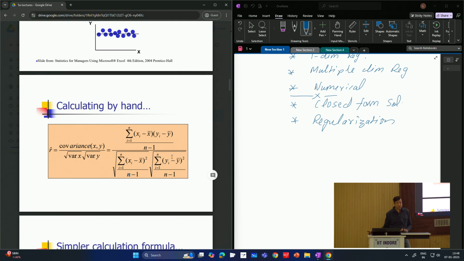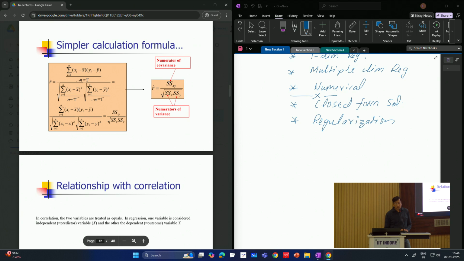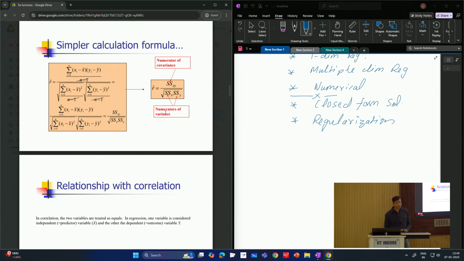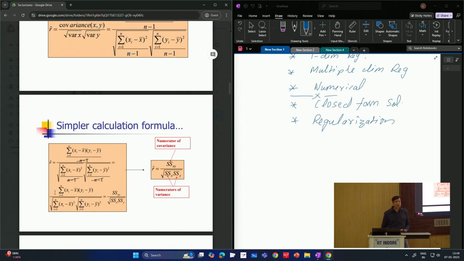It will eventually go away. So your formulation would be that the Pearson coefficient takes the numerator of the covariance divided by the numerators of the variances and the square root of that. Everybody okay?